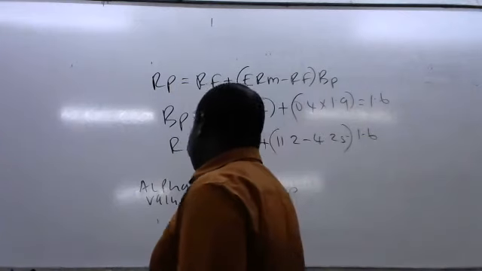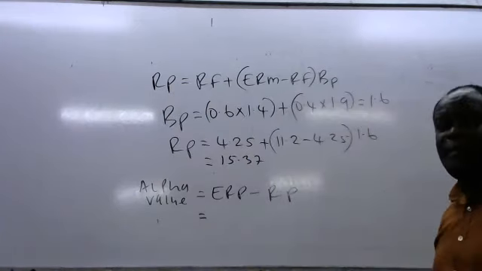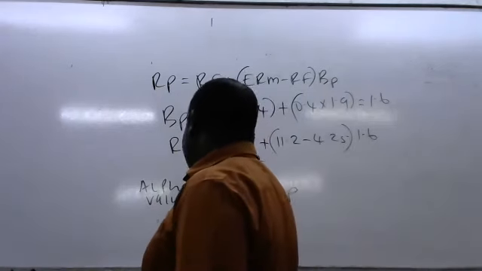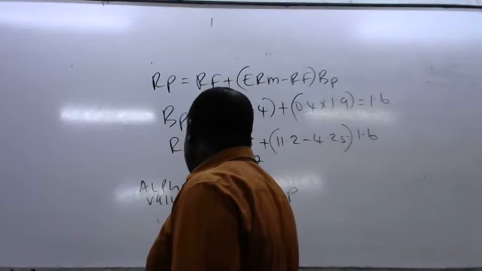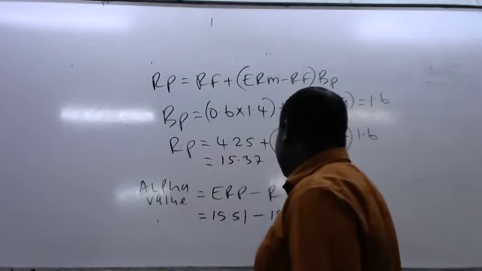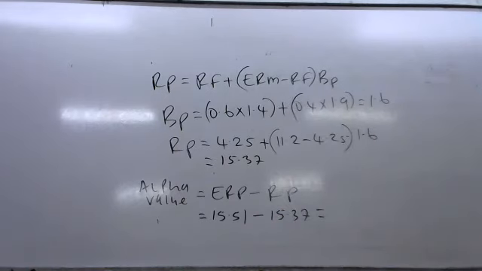Expected return of the portfolio is what you added from January to December. For December, it was 15.51. Then now this one is 15.37. So that now should give me the alpha value.